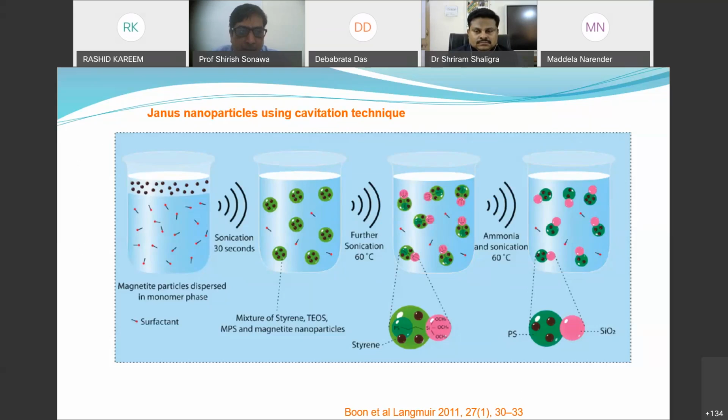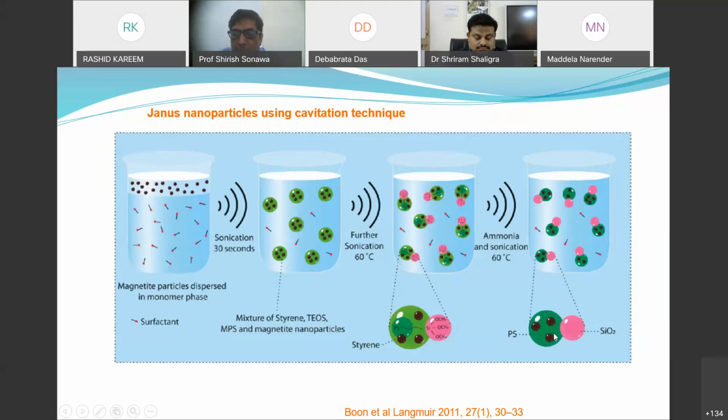But meaning-wise, in our chemical processes, what we'll take is a single particle which has different chemical properties. For example, if I take the last figure, you see polystyrene, in which the magnetic nanoparticles are there, along with silicon oxide.